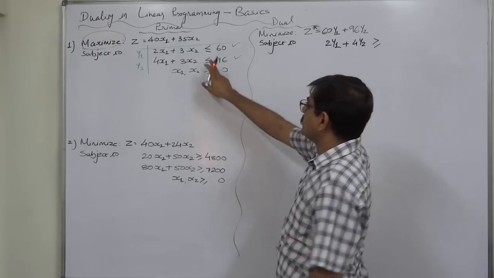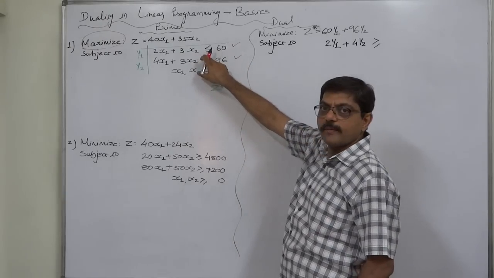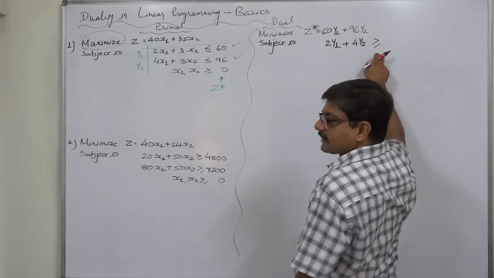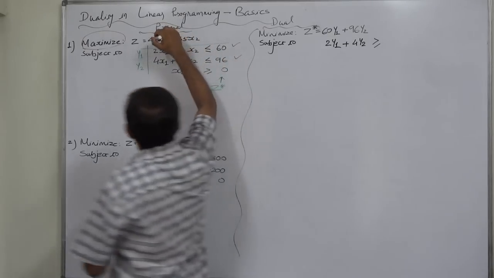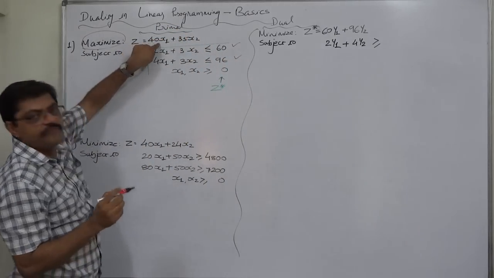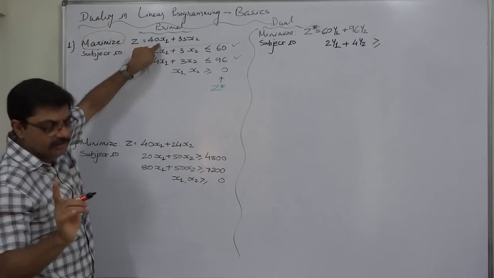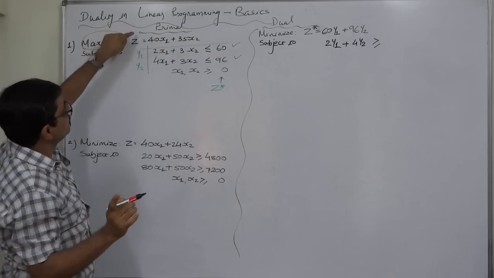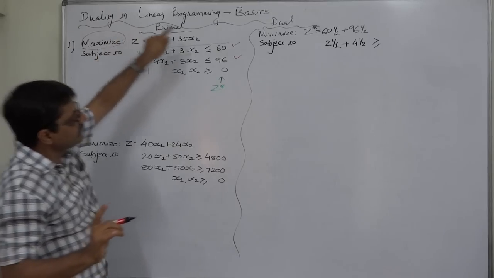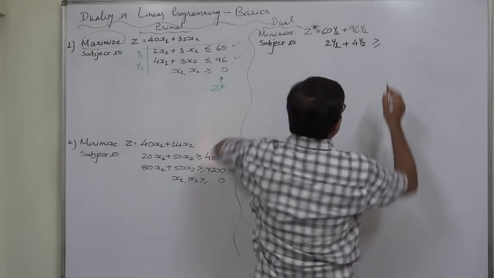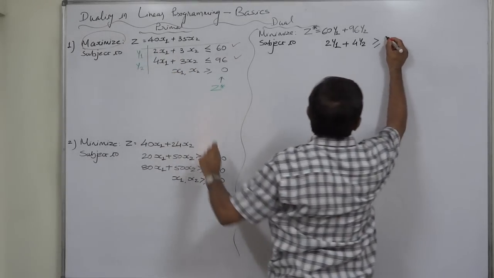Remember the rule: if the sign is less than or equal to in the primal, the sign will be greater than or equal to in the dual. And now the coefficient of the first decision variable in the objective function of the primal will become the right hand side value of the first constraint: 40.